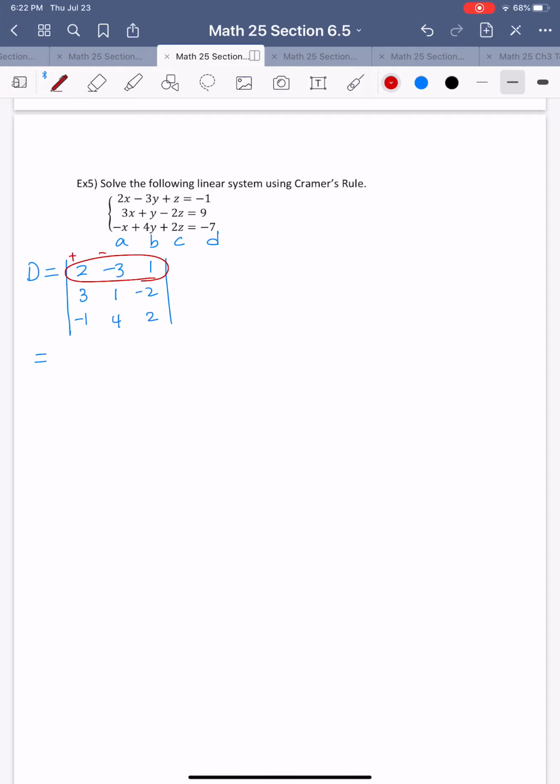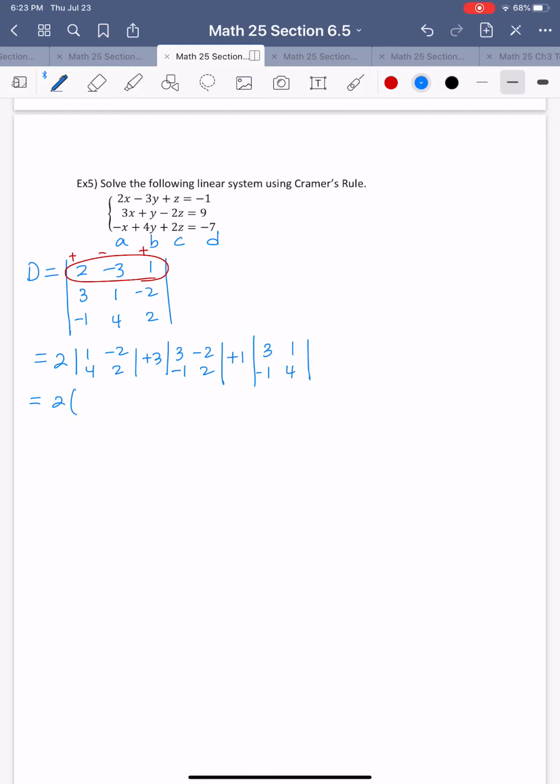So positive, negative, positive. I'm going to do 2 times the minor 1, negative 2, and 4, 2. And then negative 3 becomes positive 3 times the minor 3, negative 2, negative 1, and 2. And then 1 times the minor 3, 1, negative 1, and 4.